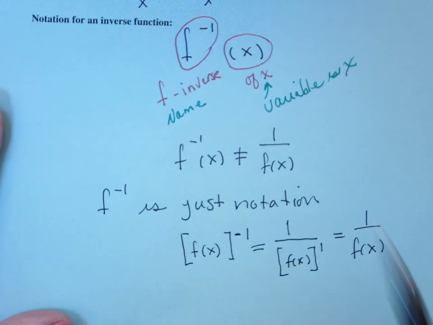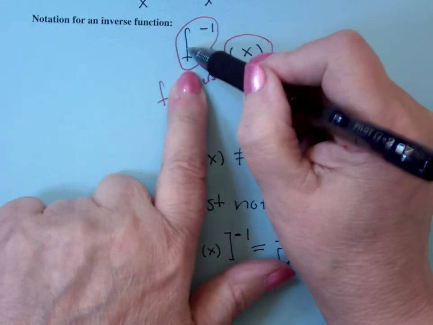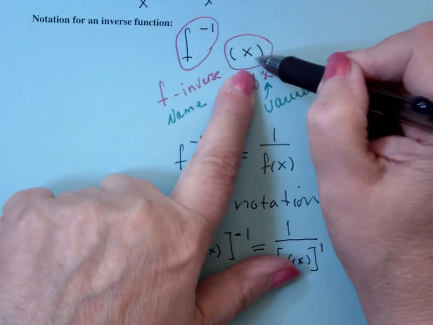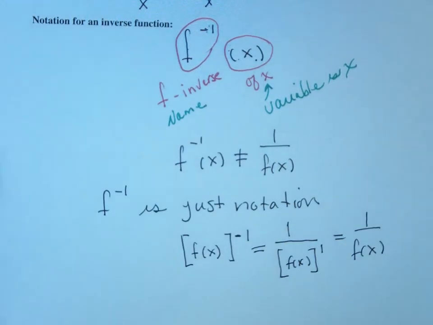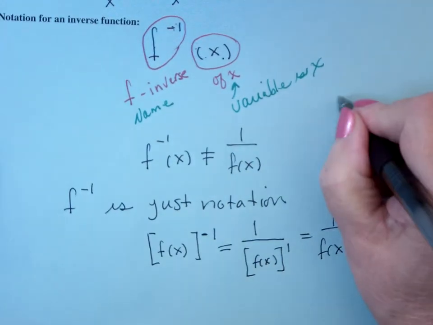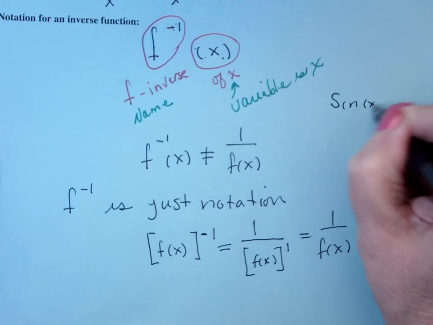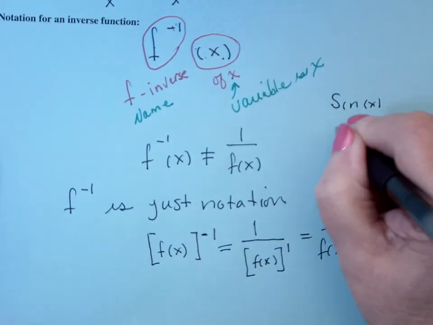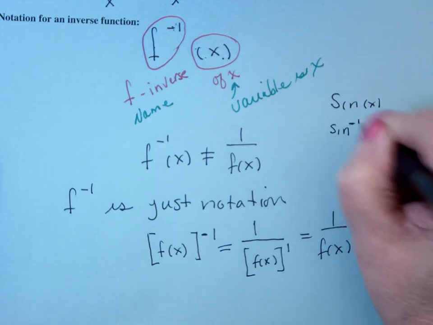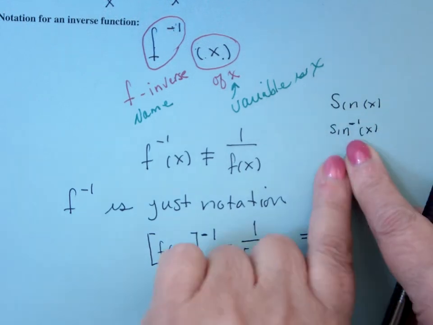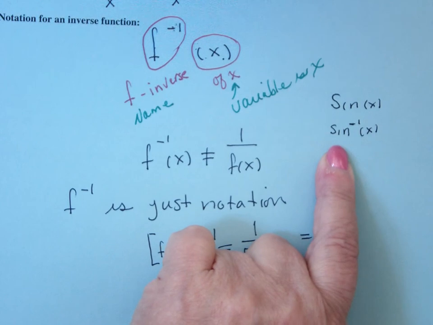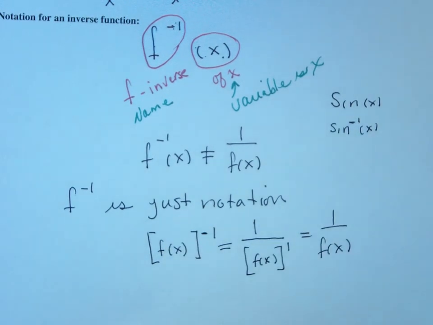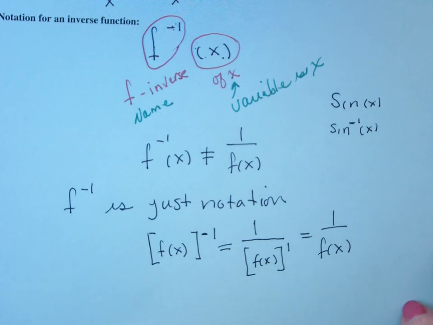So when something is attached to the letter, between the letter and the variable, that's marking inverse. It's like sine of x, a trigonometric function, whose inverse is sin minus 1 of x. Notice the minus 1 is between sin and x. That says I'm dealing with the inverse function, not a 1 over thing. So as I said, the notation is somewhat funky.